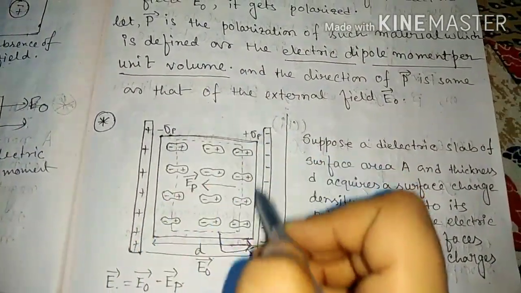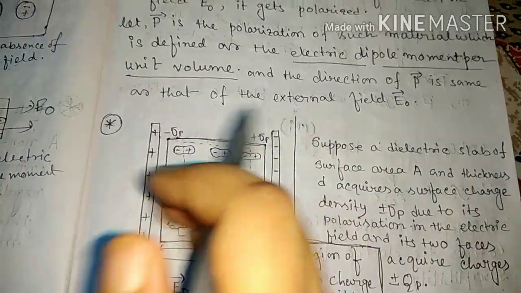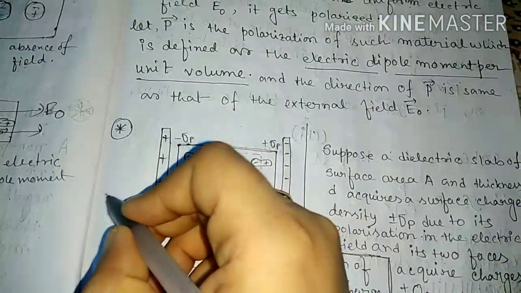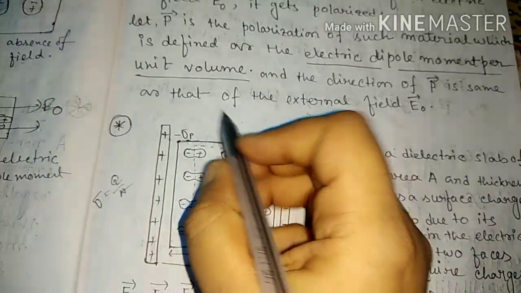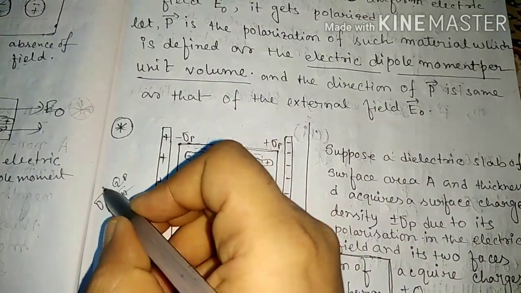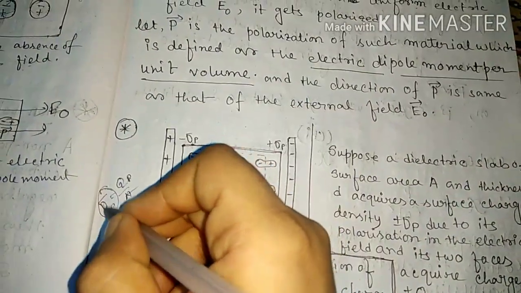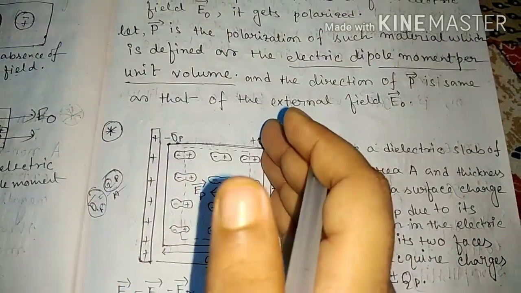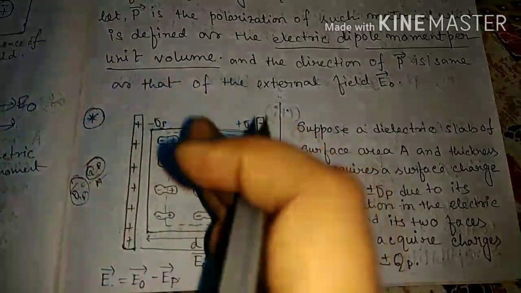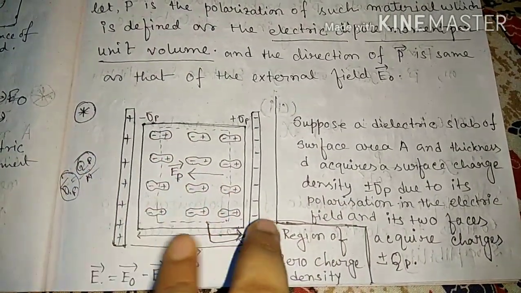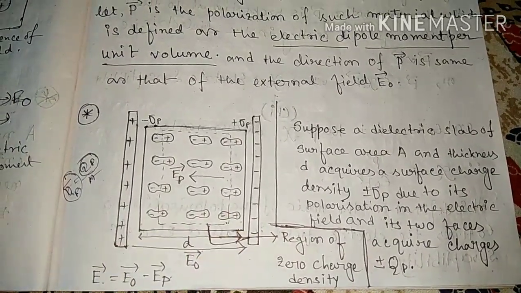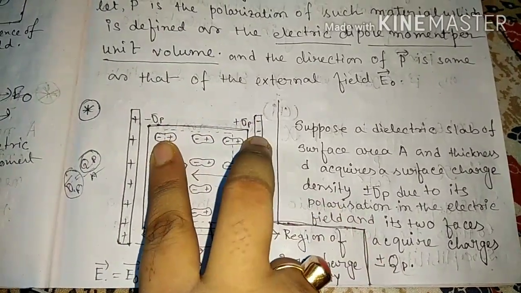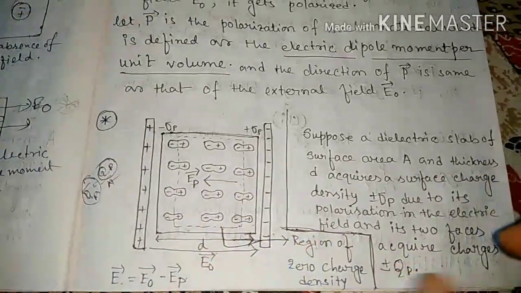If its surface area is A, surface charge density means charge per unit area, so sigma equals q by A. In this case sigma p equals qp by A. So this dielectric slab of surface area A and thickness d acquires a surface charge density plus minus sigma p due to its polarization in the electric field, and its two faces acquire the charges plus minus qp.